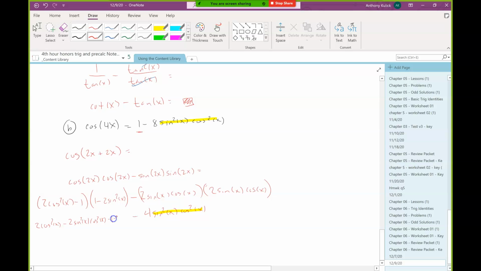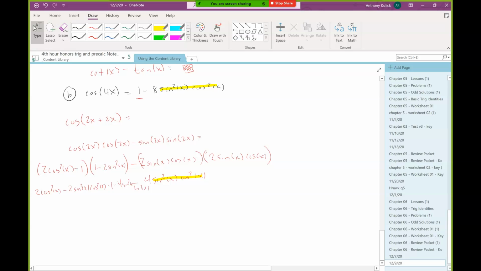Minus 1 minus 4 sine squared x cosine squared x. Eek. That got messy. Hold on. I screwed something up there. Let me rewrite that. I got distracted in the middle of my foiling. So I have 2 cosine squared x minus 4 sine squared x cosine squared x minus 1 plus 2 sine squared x. That's better.